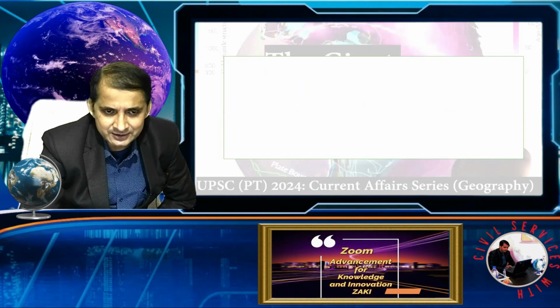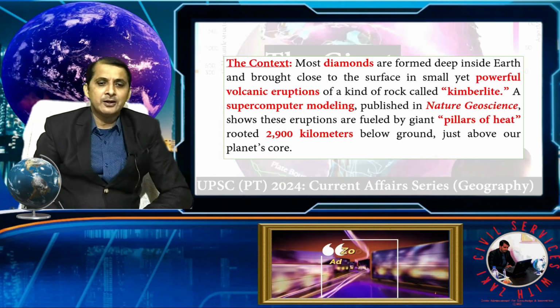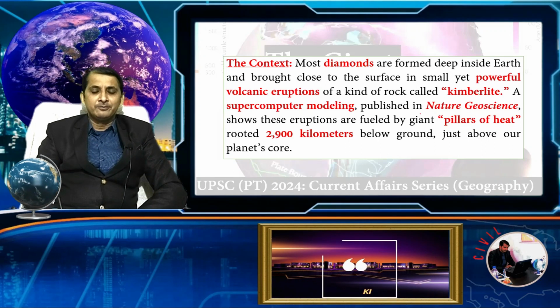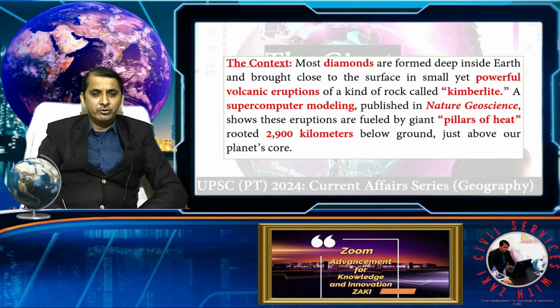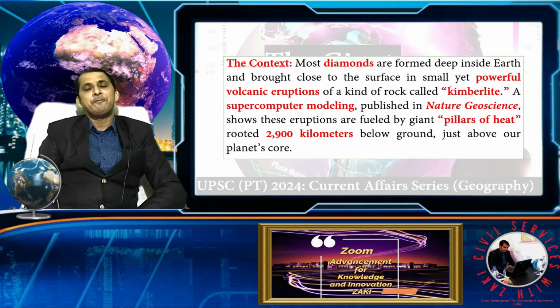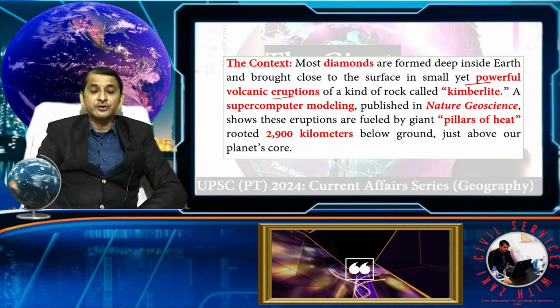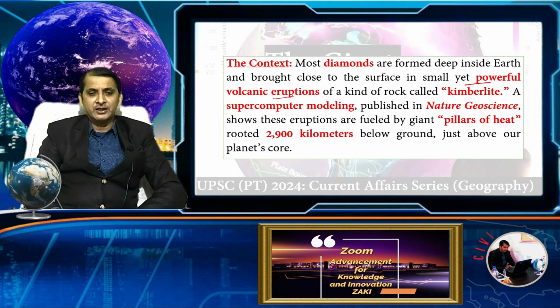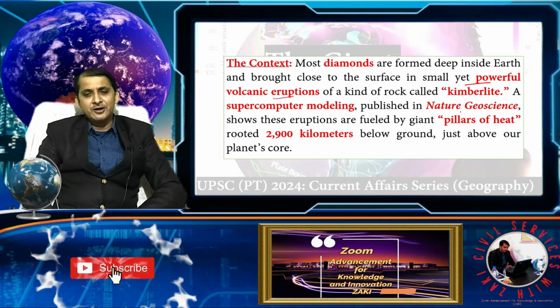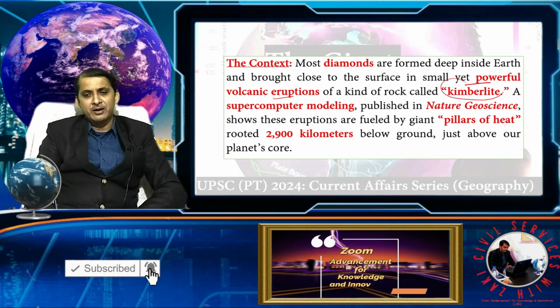So let's see the context. Most diamonds are formed deep inside the earth, brought close to the surface in a small yet powerful volcanic eruption, through a kind of rock basically called kimberlite.